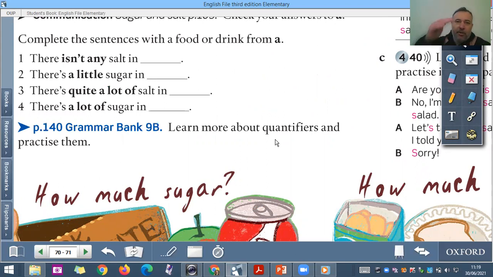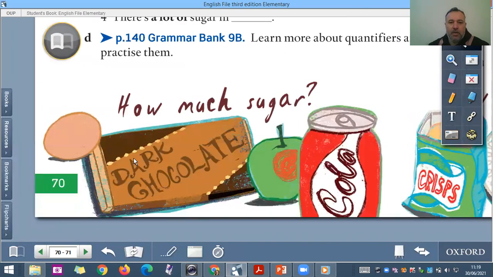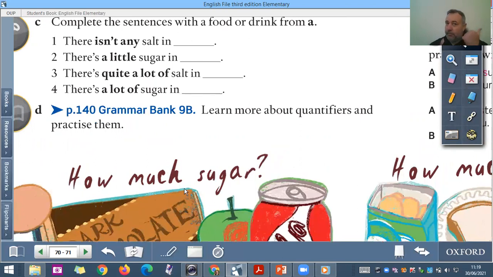Now you have to complete this exercise here. So there is a little sugar in. Now these are the pictures for the sugar: an egg, a dark chocolate, an apple, and a can of Coke. And there is a little sugar in. Go back the video and answer these 4 questions over here.